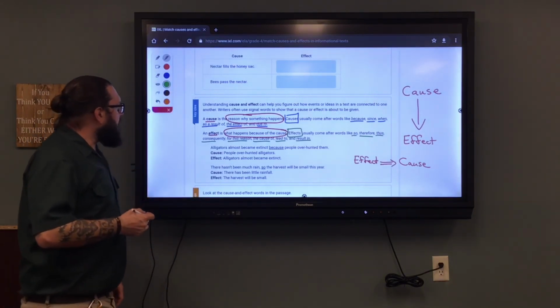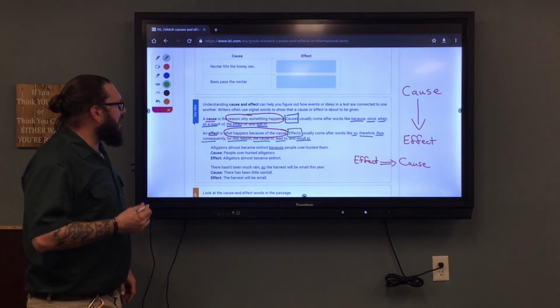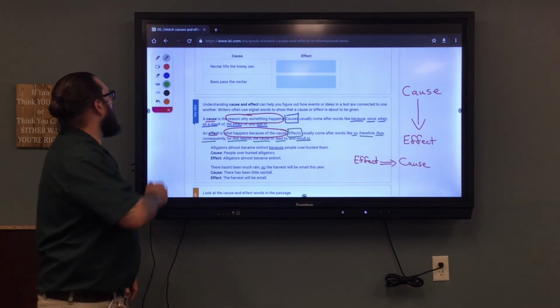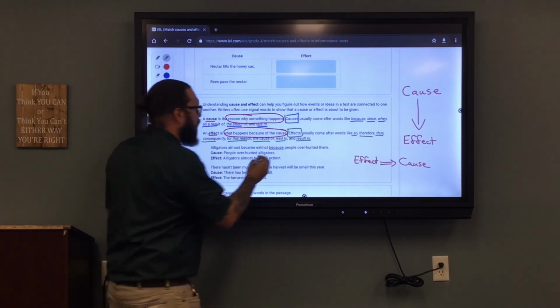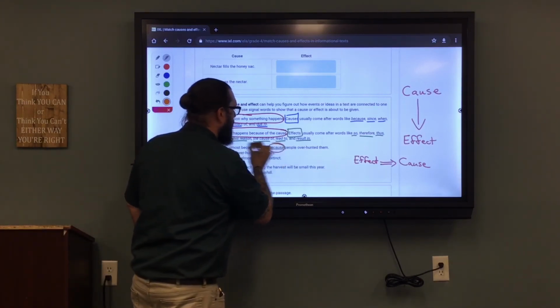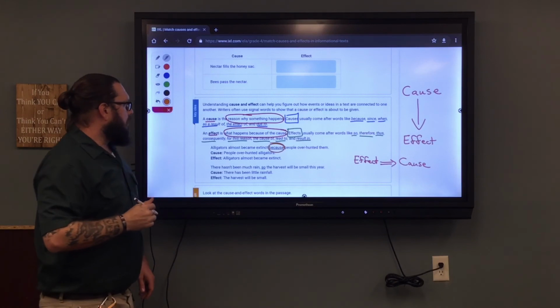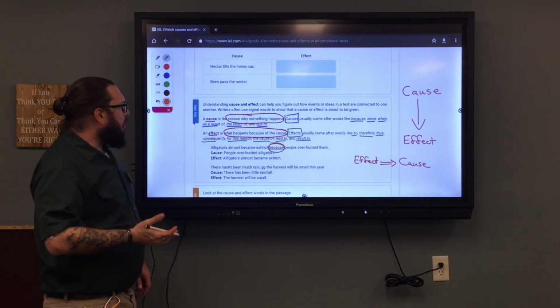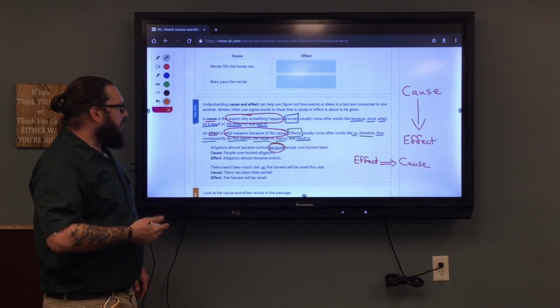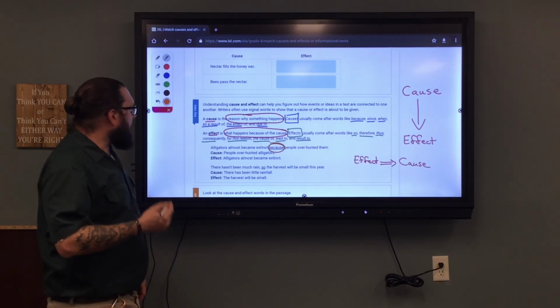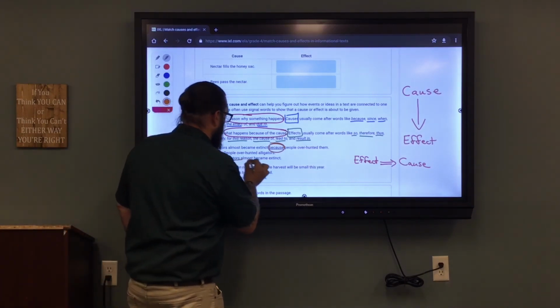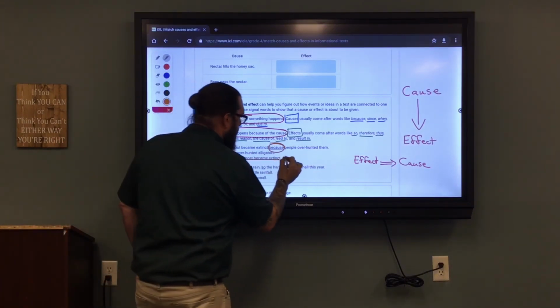We have the statement that alligators almost became extinct because people overhunted them. Okay, so we have our signal word because. So what happened? Well, we are told that the effect is that alligators almost became extinct. So this was the result.